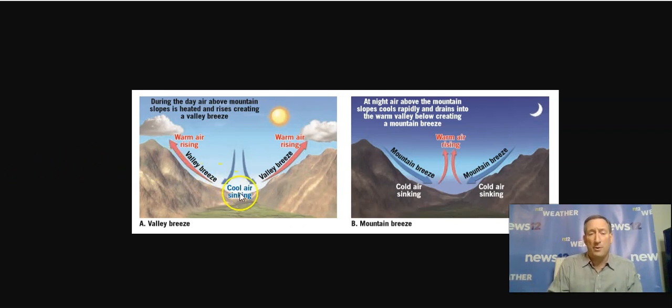Here's an example of a valley breeze, where you have the cool air sinking and then the warm air rising along the mountains. At night you would have the opposite, where you get the warm air rising in the center of the mountain range here. This is the valley. And then the cold air sinks off the mountain.